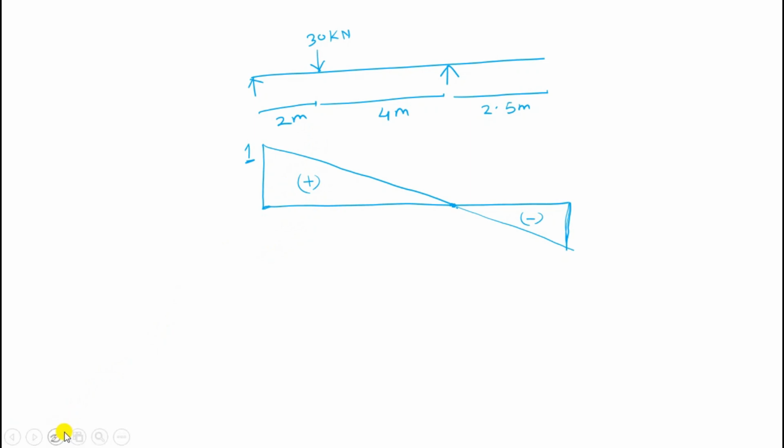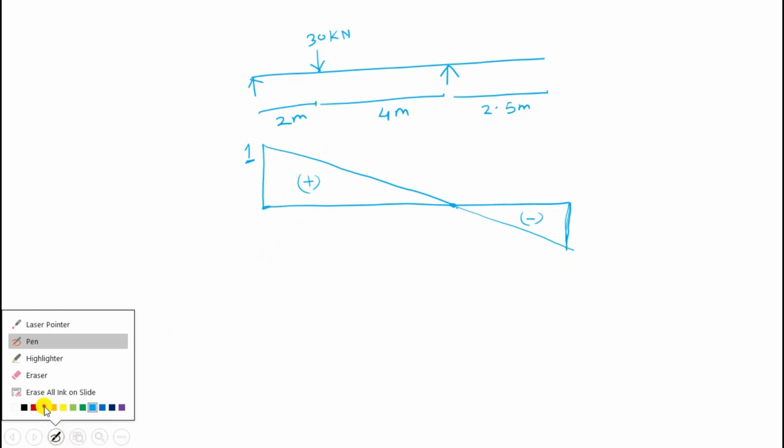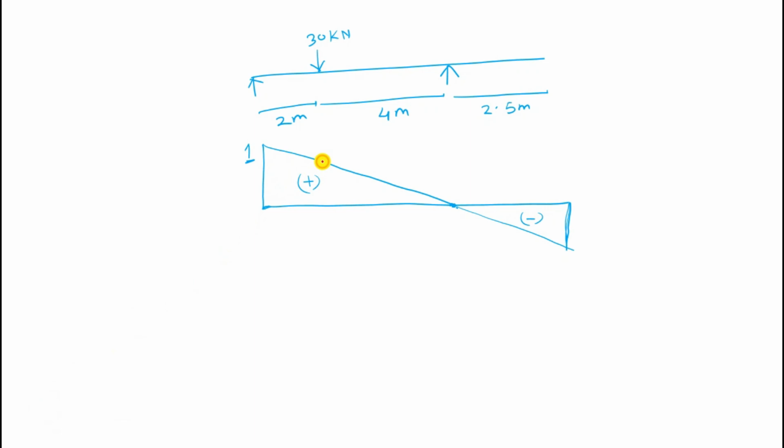Now you draw this vertical line x1. This distance is 6 meter and this is 4 meter, so you can easily calculate the reaction. So 1 by 6 equals x1 by 4.